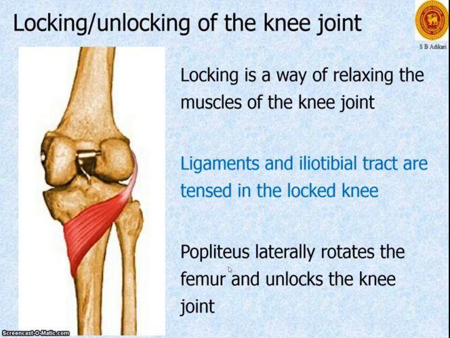And when you want to flex the knee joint from that position, you have to unlock the knee joint, and that unlocking is done by the contraction of the popliteus muscle, a deep muscle in the posterior compartment of the leg, which is attached to the lateral condyle of the femur. When the muscle contracts, the femur rotates laterally, and then the knee joint gets unlocked, and from that position you can flex the knee joint.